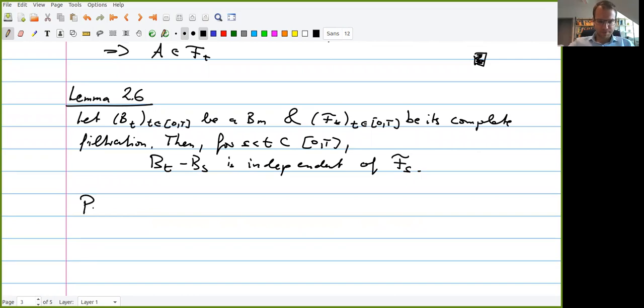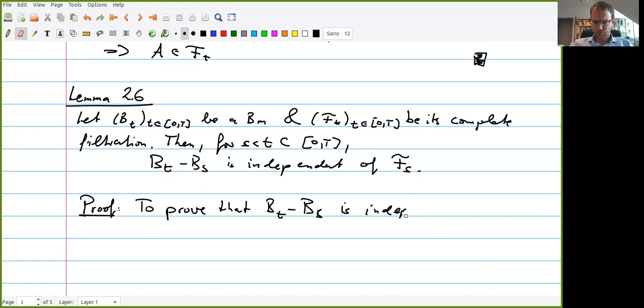Proof. We already used it, but let me quickly convince you that this is true. What do we want to prove? That B_t minus B_s is independent of F_s.